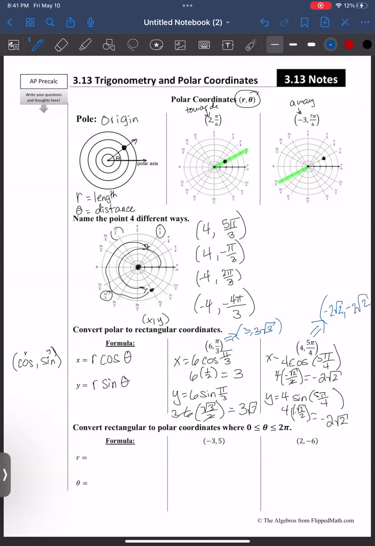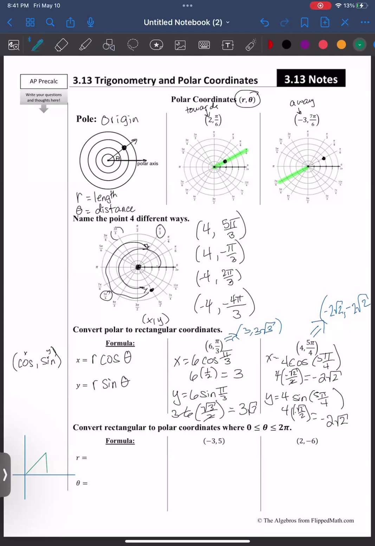But now let's say I want to switch back and I want to go over to polar coordinates, right? Well, to figure out the polar coordinates, it's a little bit more interesting to do. So let's just draw a quick little graph here. Let's say I have my triangle, something like that, right?